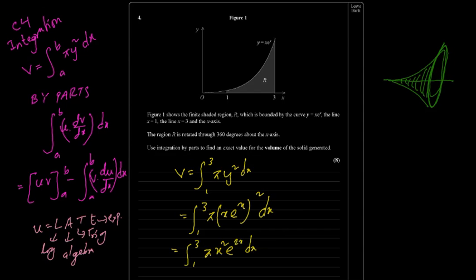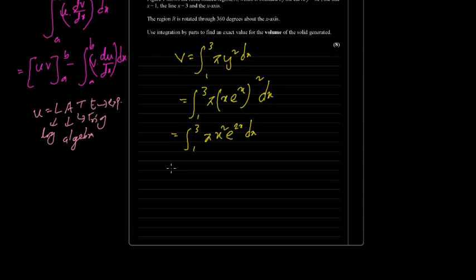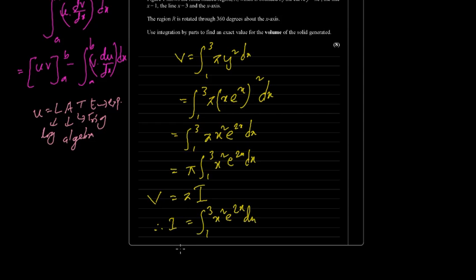It's a very good idea to write the pi outside the bracket and the integral separately, because this is a by parts sum after all. Let's consider this as I. So volume equals pi I, I being the integral. Then let's restart the sum. Therefore I equals integration of 1 to 3 x squared e to the power 2x dx.